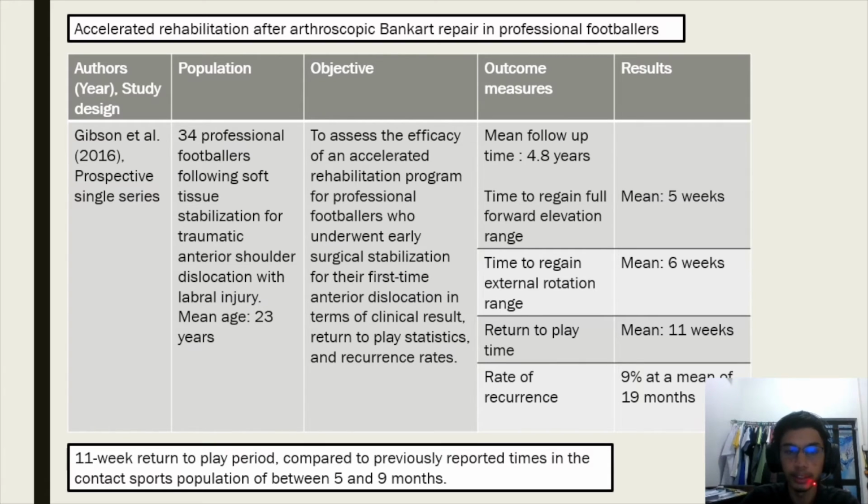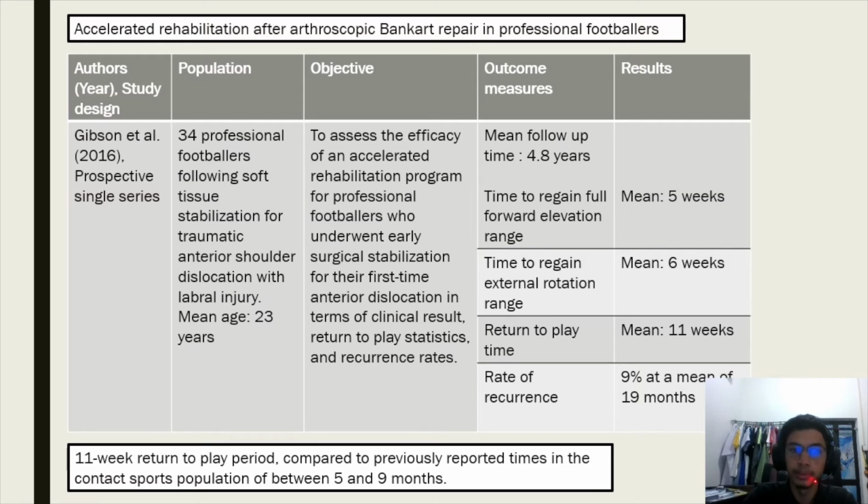The mean age is 23 years. The objective of this study is to assess the efficacy of an accelerated rehabilitation program for professional footballers who underwent early surgical stabilization for their first time anterior dislocation in terms of clinical result, return to play statistics and recurrence rates.